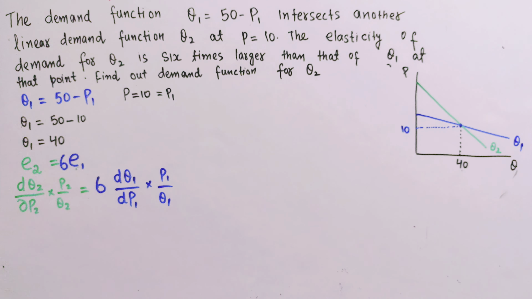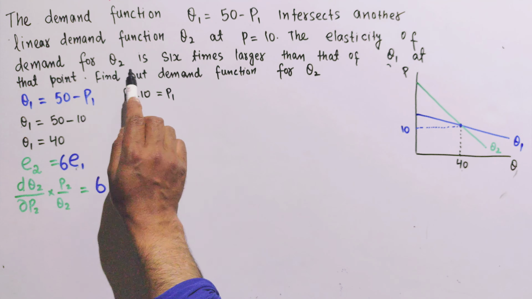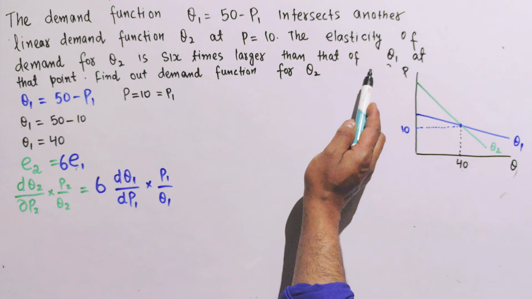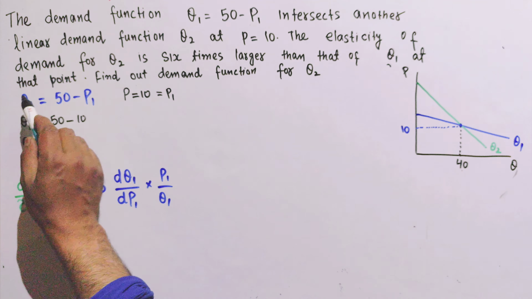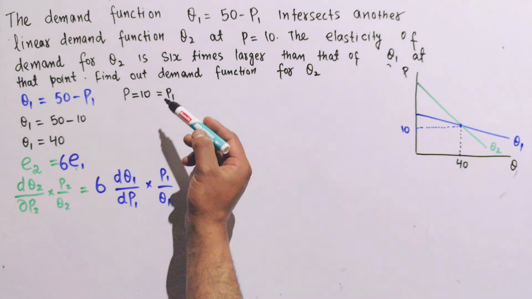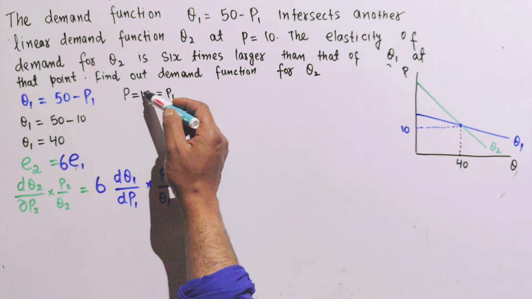Here we are being told that the elasticity of demand for Q2 is 6 times larger than that of Q1 at that point. At that point means when price is equal to 10.